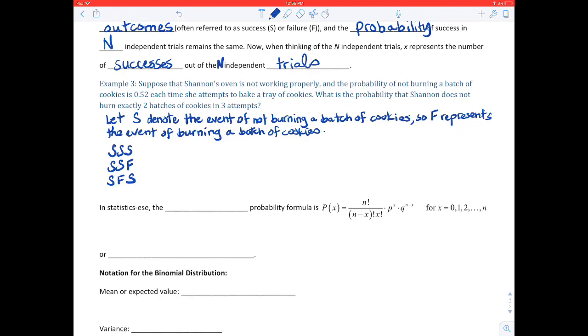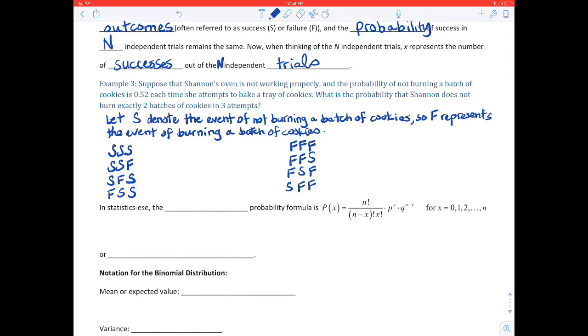See what I'm doing here? And you could have failure, success, success. So I've listed all the ways you can have 3 good trays of cookies and 2 good trays of cookies, right? And let's list the number of ways we could have 1 or 0 successes. So that's 0 successes, and then these are the number of ways we could have 1 successful batch. Cool, cool. So those are all the possibilities that could happen.